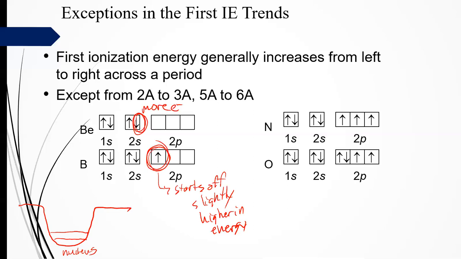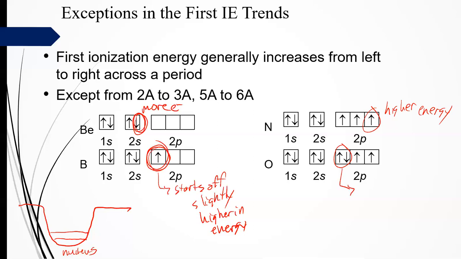The second break that we see happens between 5A and 6A. So this is between nitrogen and oxygen. And so nitrogen, to remove that one, is a higher energy than our first paired one for our oxygen.